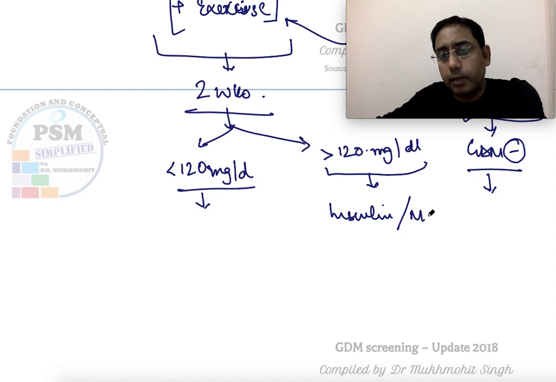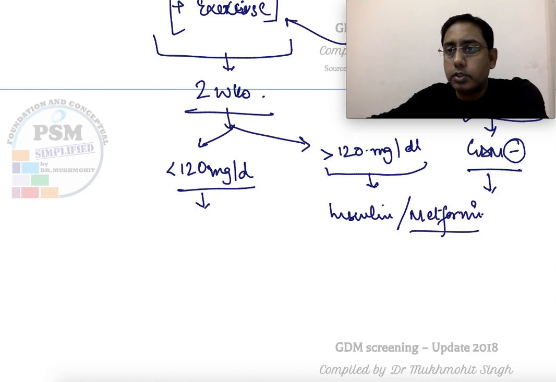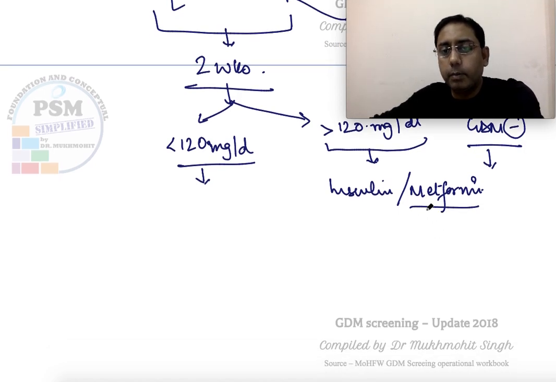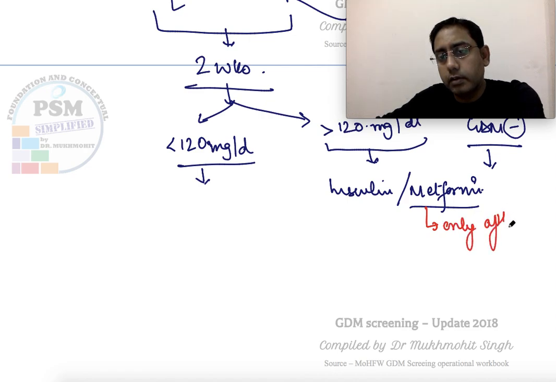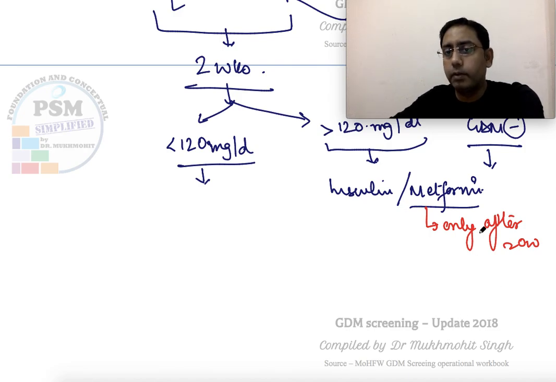In case it is not working, she is subjected to insulin and metformin. Yes, it is metformin. So MCQs on this: metformin is given only after 20 weeks of gestation.